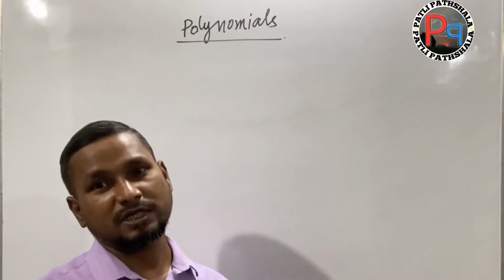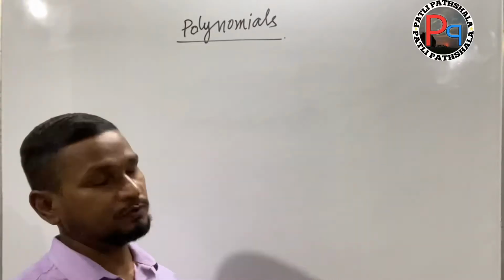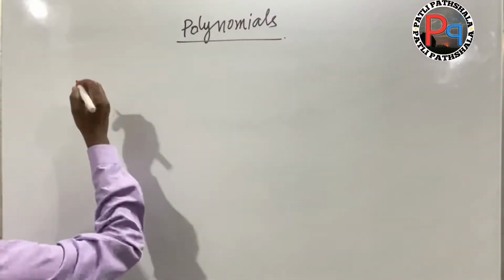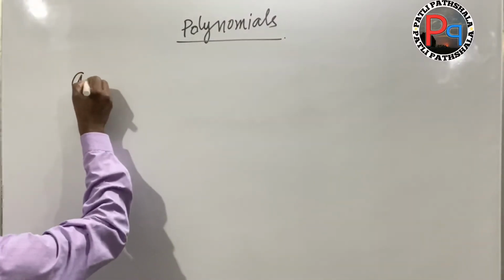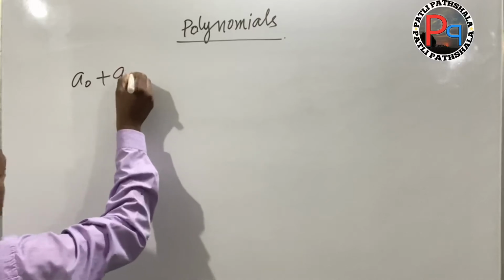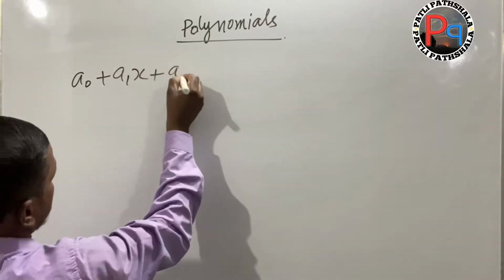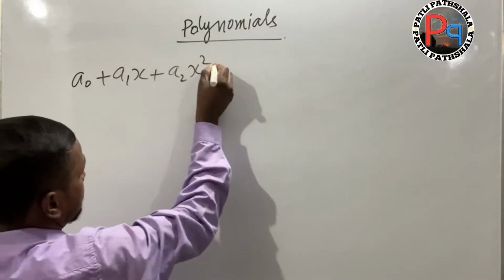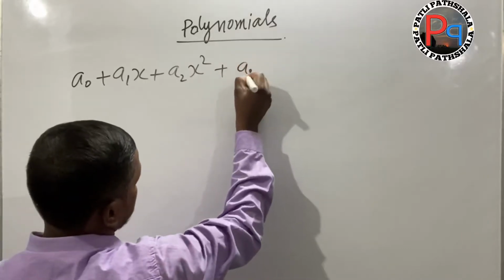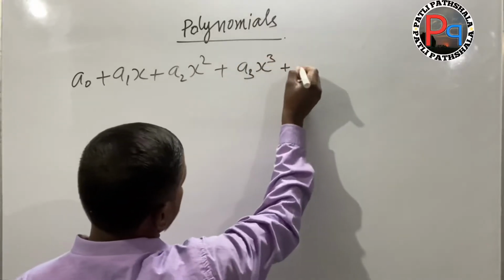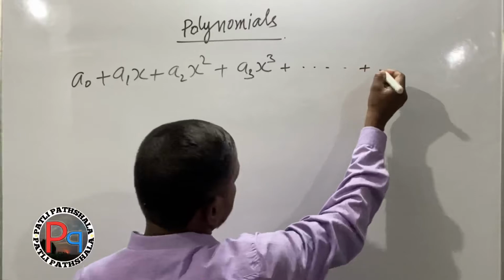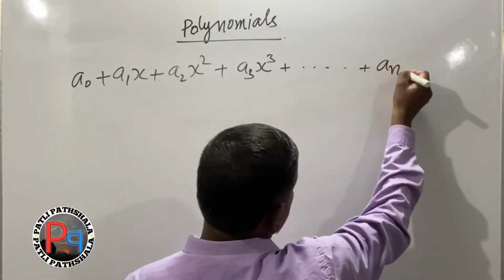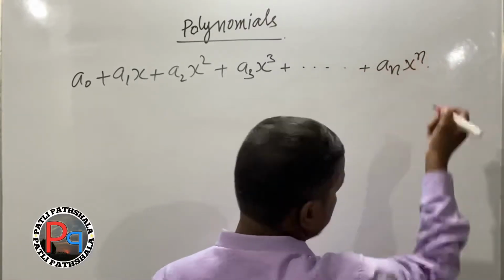Any algebraic expression which is in the form of a0 plus a1x plus a2x square plus a3x cube and so on up to an x to the power n.